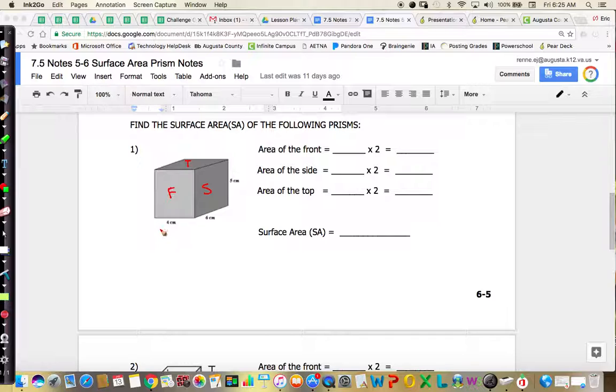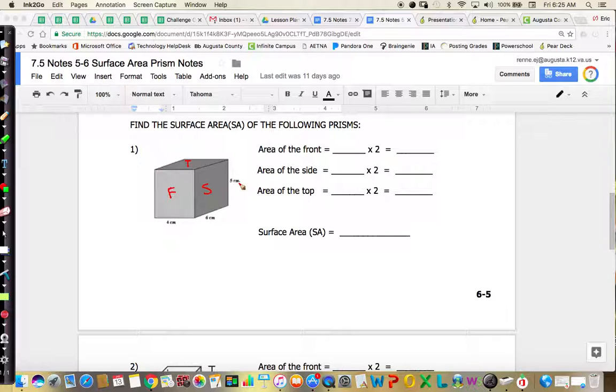Once again, like you would have done on the waffle box activity, we want to find the area of the front. I have a length of 4, but I don't know the width. This is a rectangle, and opposite sides of a rectangle are congruent.